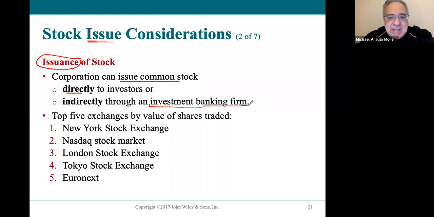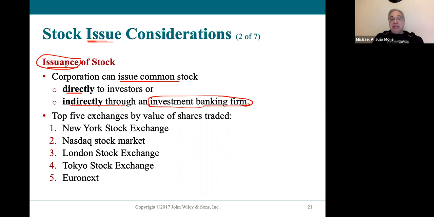Investment banks basically help corporations and governments, by the way, raise money, either through issuing stock or bonds. So they are sort of the fundraisers of capitalism, investment bankers. So they can issue stock indirectly through an investment bank company.